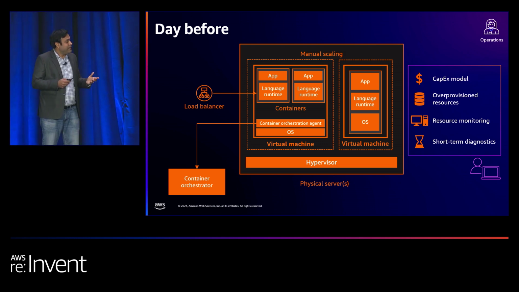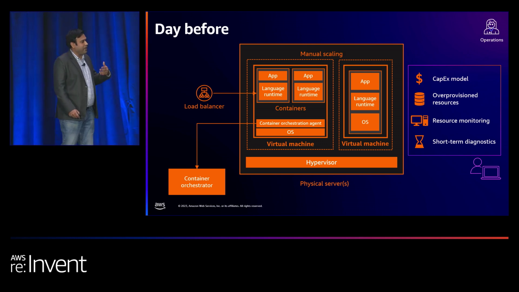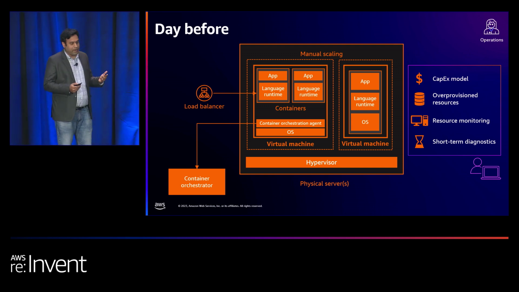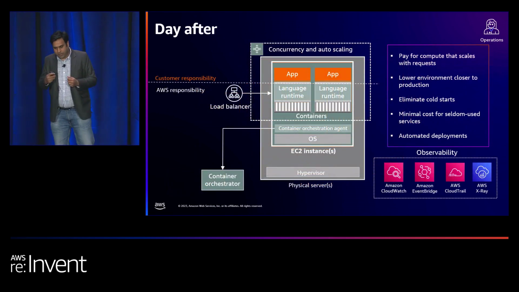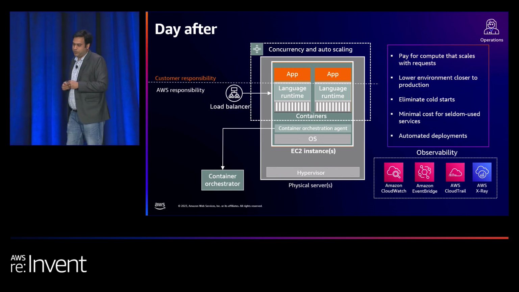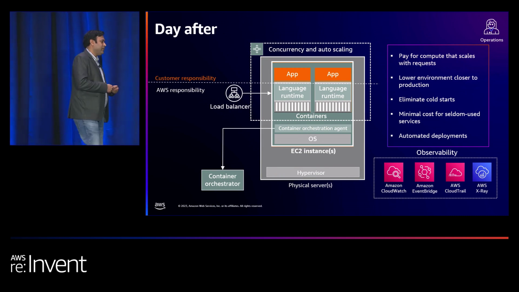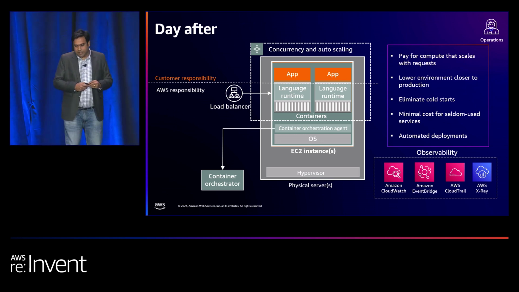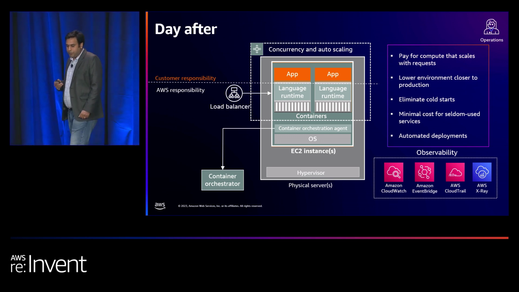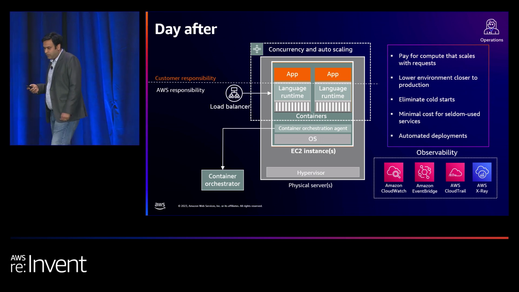Now, let's take a look at how the day after looks when you deploy your application on App Runner from the operations persona. As Prakash mentioned earlier, from pricing, you pay for the compute that scales with the request.